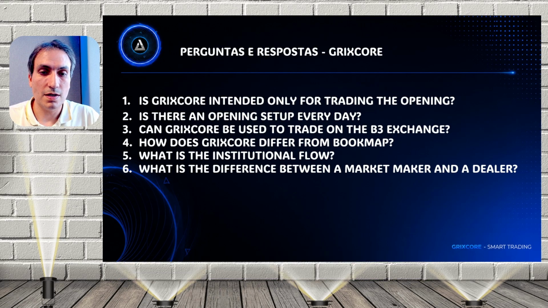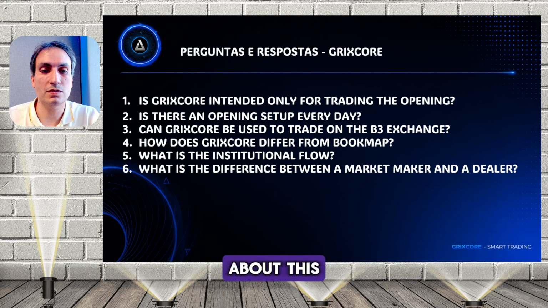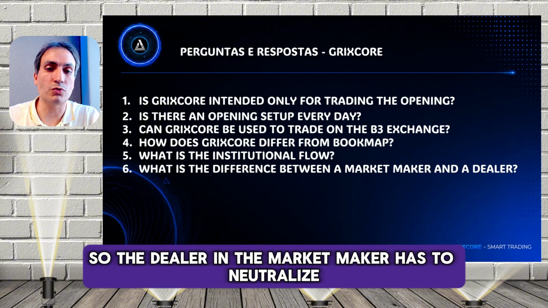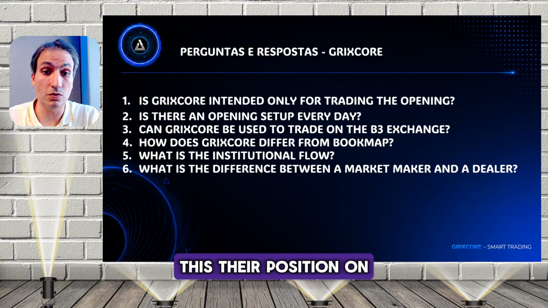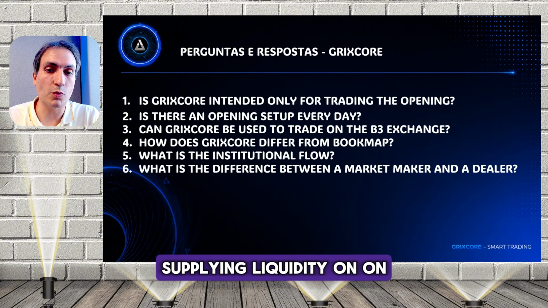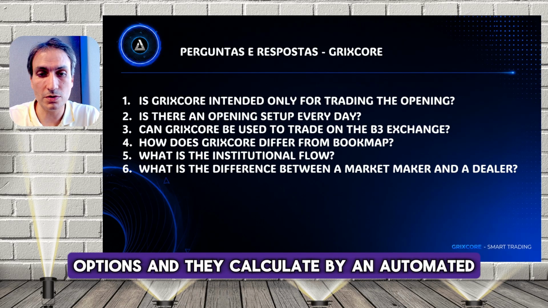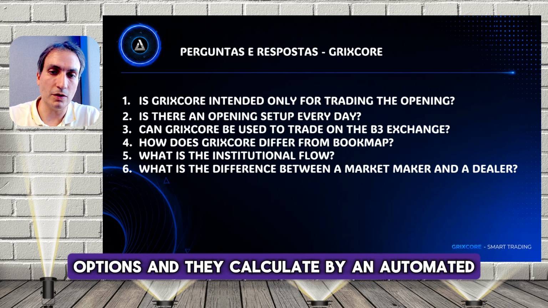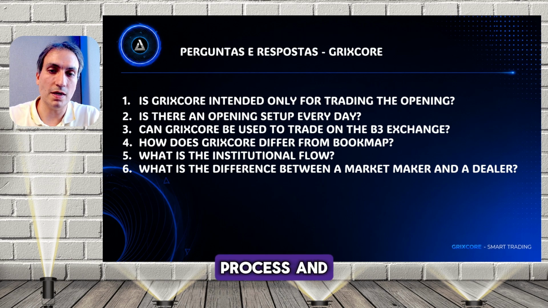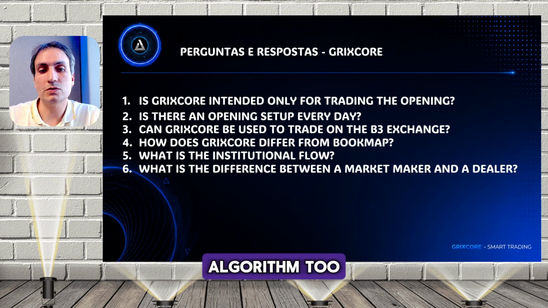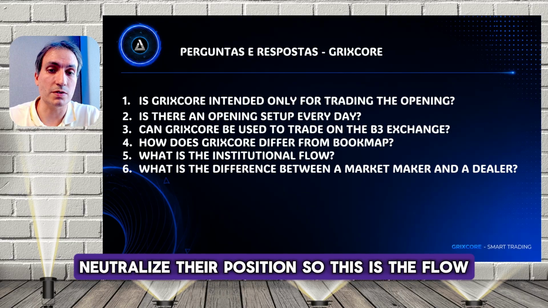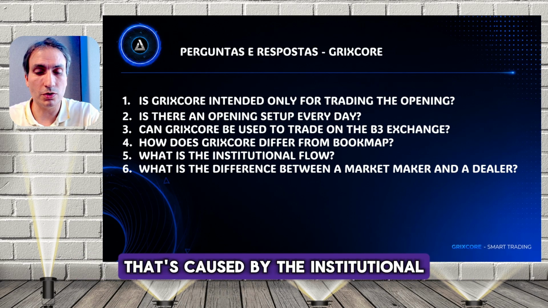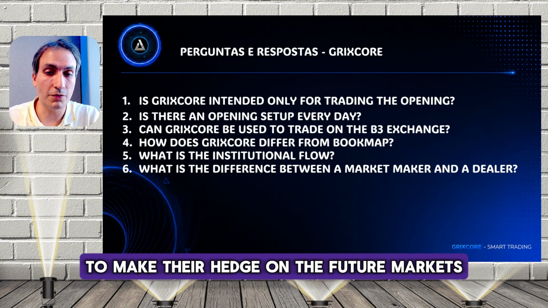Well, I just explained about this. The dealer and the market maker have to neutralize their position from supplying liquidity on options, and they calculate it by an automated process and algorithm. So this is the flow that's caused by the institutions making their hedge on the futures markets.